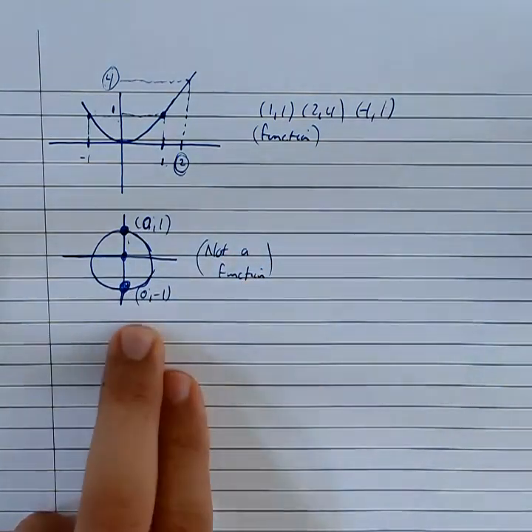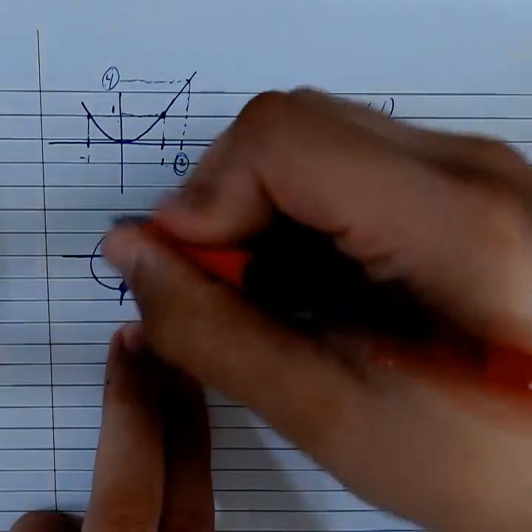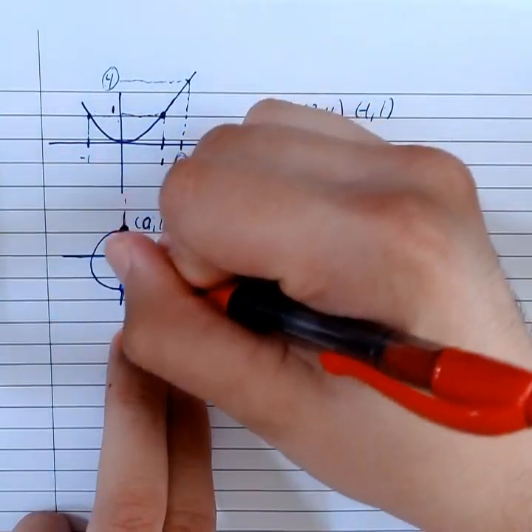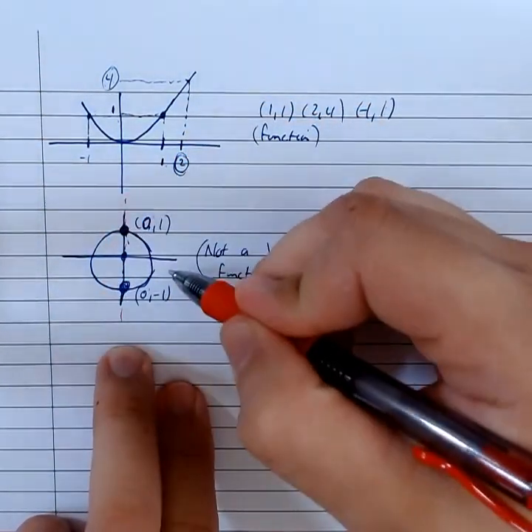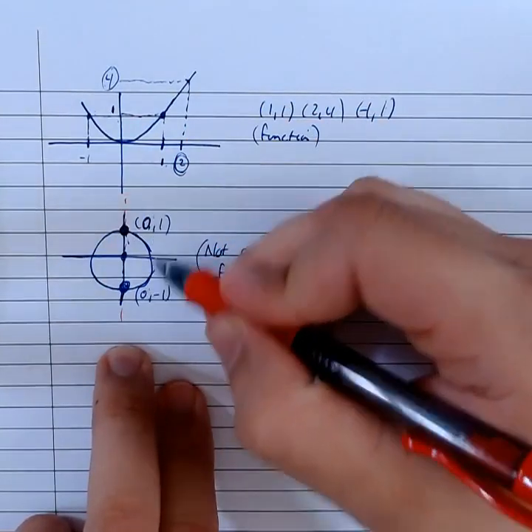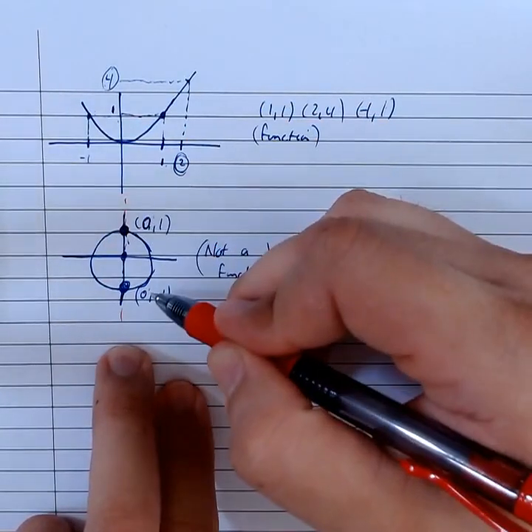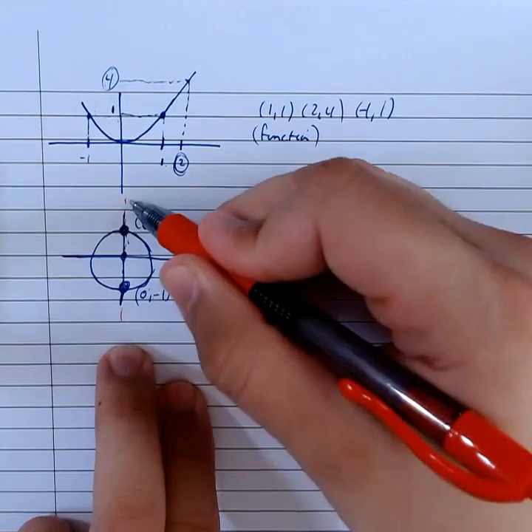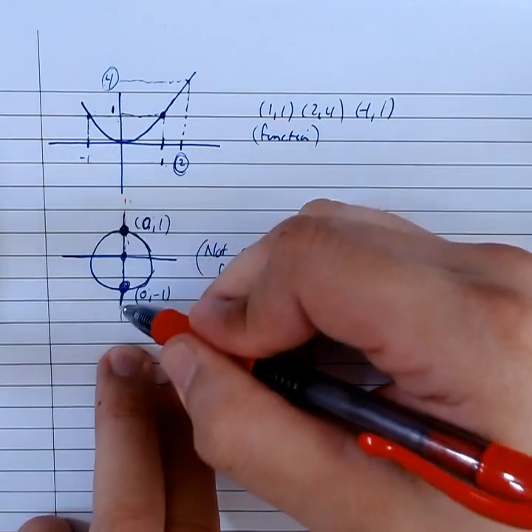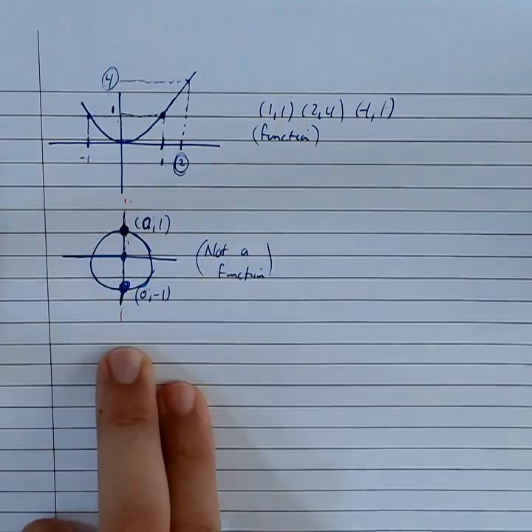The way that works out visually is if you ever have 2 points that are directly on top of each other, then those 2 points, even though they're different, they're going to have the same first entry. They're going to have the same x value. So if you have 2 points that are directly on top of each other, that graph can't be the graph of a function. Now, that doesn't mean there's anything wrong with that graph. It just means it's not going to be the graph of a function.